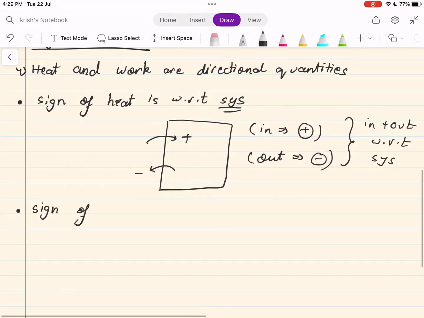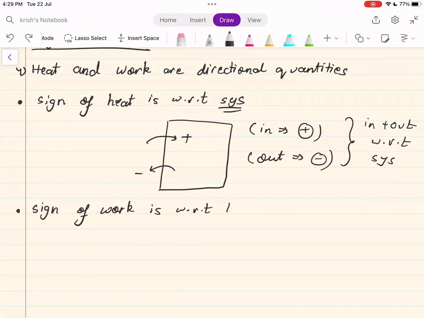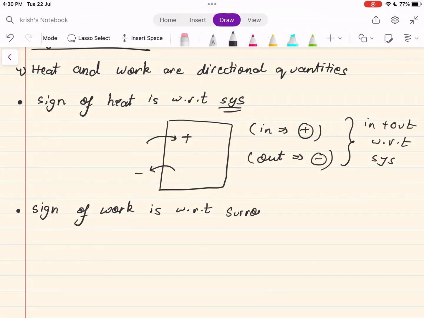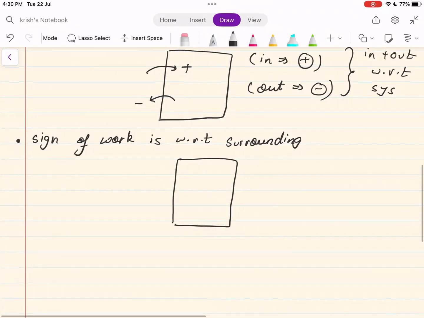Similarly, sign of work is with respect to surrounding. So, if work is being done on the system, then we say it is negative.